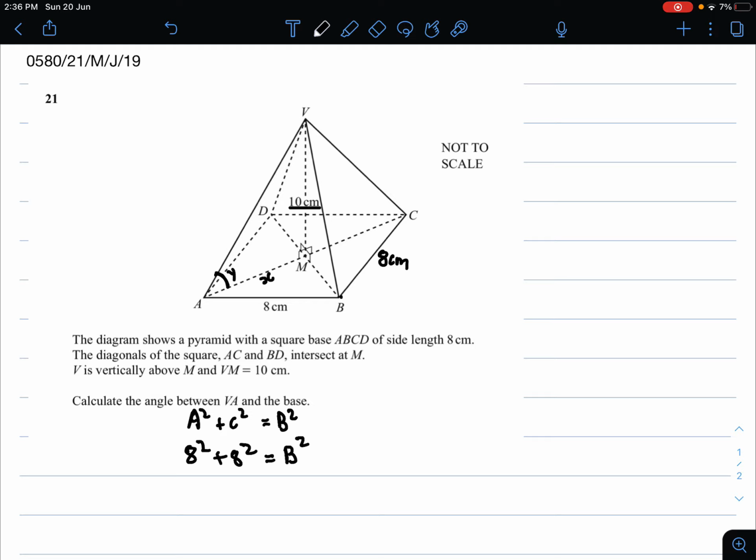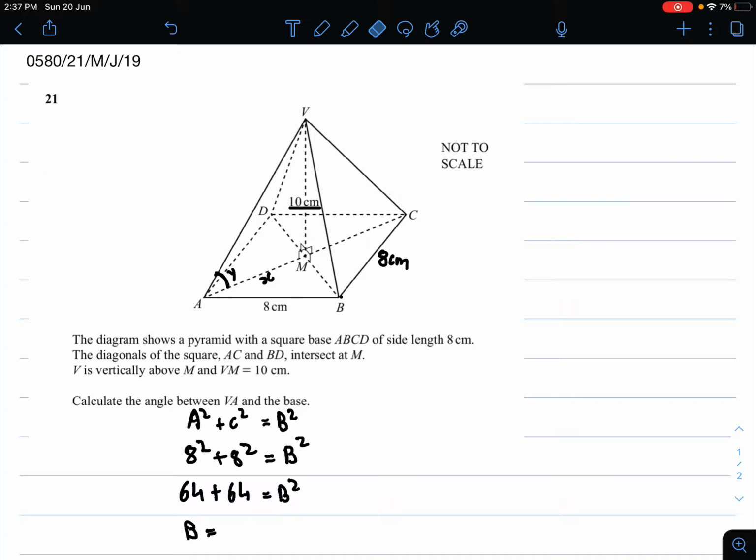So 8 square is 64, so 64 plus 64 is equal to b square, and therefore b is equal to root of, because when you move the exponent to the other side of the equation, it becomes the root of that number. If it is b cube, then it would become cube root. Since it is b square, it would become square root.